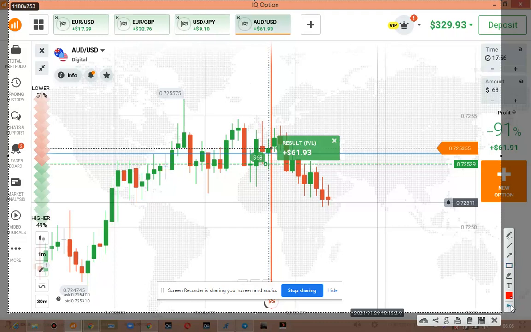Now you see that if you trace the body of this doji candlestick to the left side, this rejection already touched the body of the doji candlestick. So it is 100% sure that the price will form a green candle.